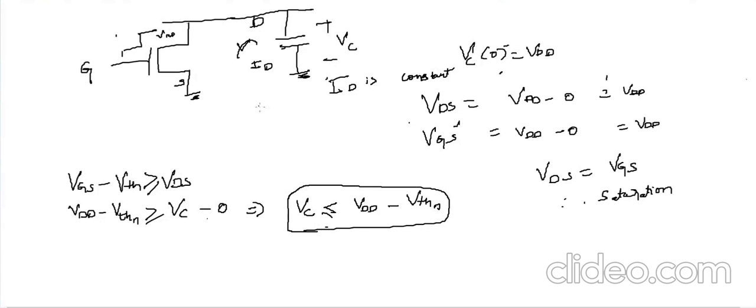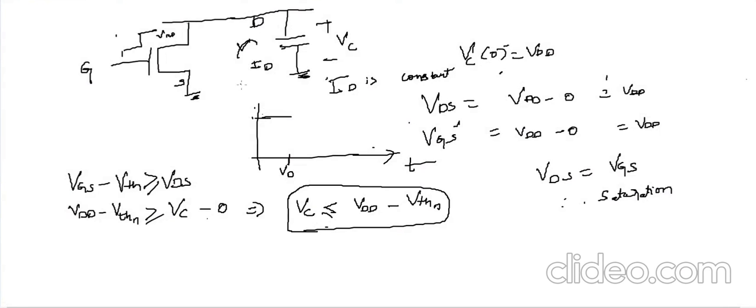So if we draw roughly like up to VDD minus VTH, up to some time, it will be a constant current like this, because the device is in saturation. So in saturation, the nMOS acts like an ideal current source.